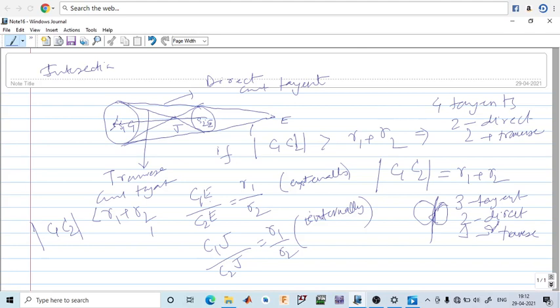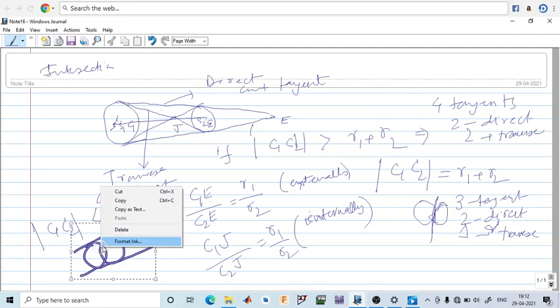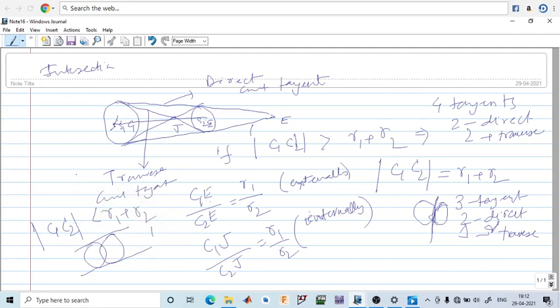Instead of that we are going to get a chord, but still we will get 2 direct common tangents. It will look like this, right? And this is the direct common tangent.